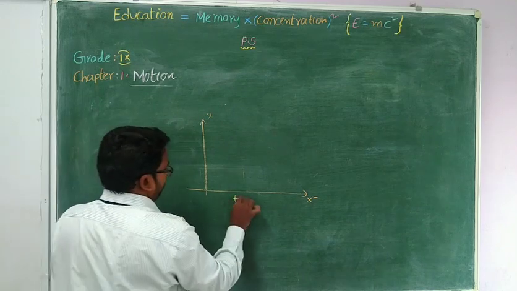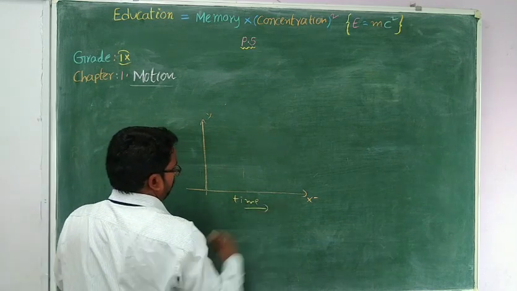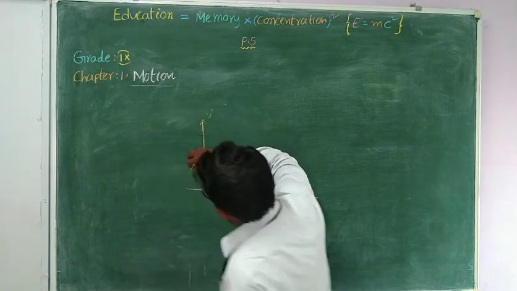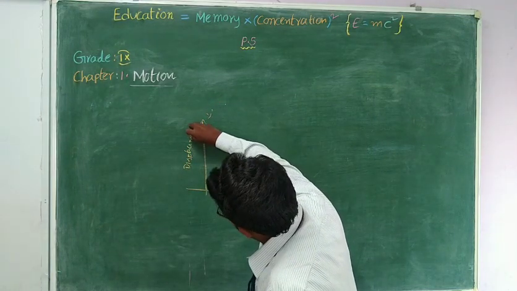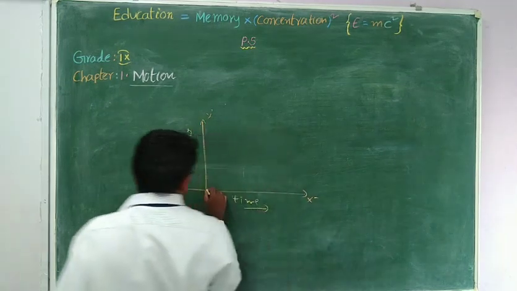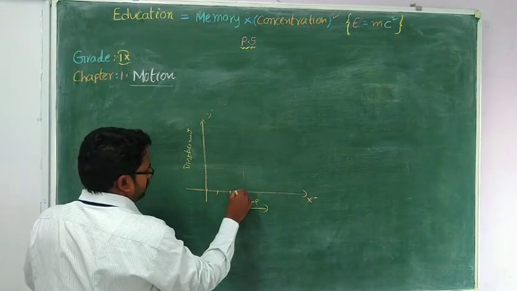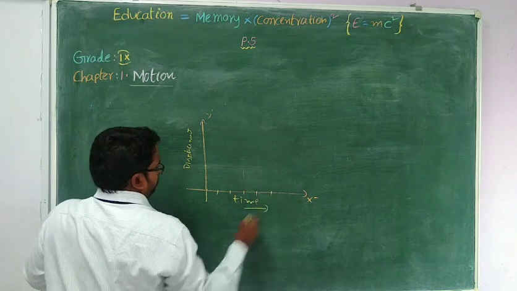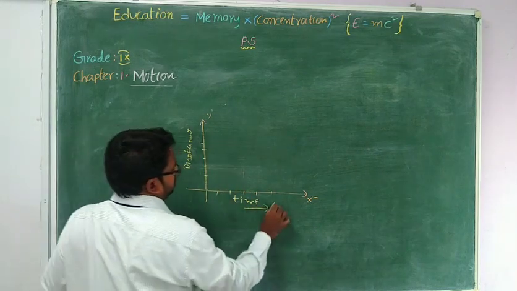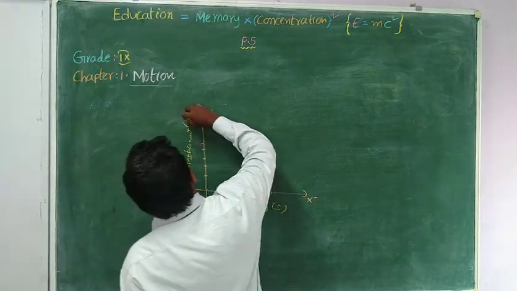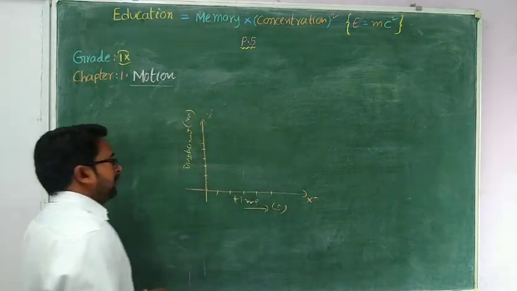On the x-axis, time; on the y-axis, displacement. Maybe 1 second, 2 seconds, 3, 4, 5 seconds, and 1 meter, 2 meter, 3, 4, 5 meters. So it is in seconds and it is in meters.